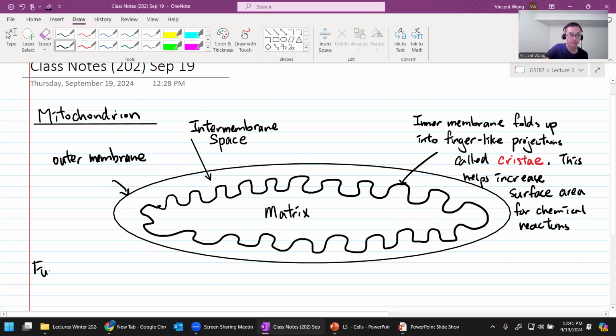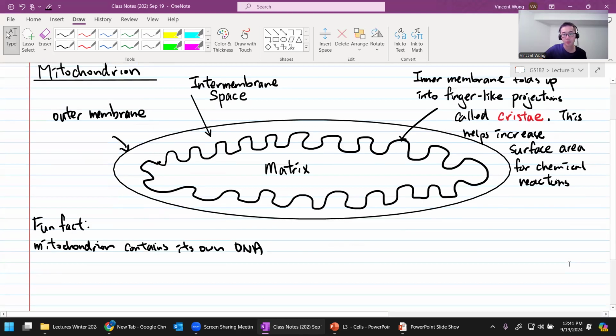Okay, fun fact. Mitochondrion contains its own DNA. Okay, that's separate from the 46 chromosomes that you have. It has its own DNA.